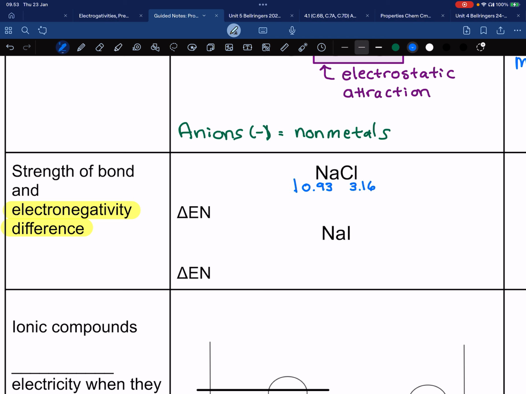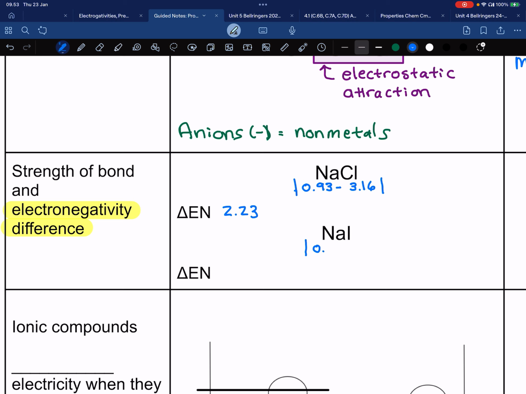So the absolute value of the difference between them, 3.16 minus 0.93, the electronegativity difference is 2.23.